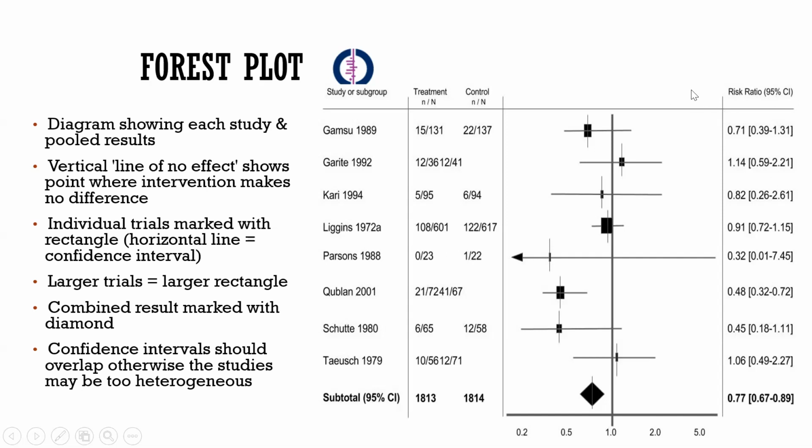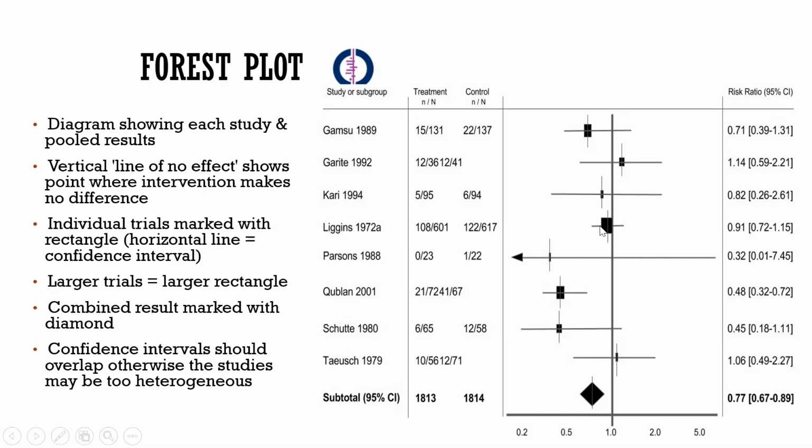I don't want to get into too much detail because you can have a full hour on how to read this, but usually you can visually look at it and see the bigger rectangles. The size of the rectangle is the size of the study in comparison to the others. So the bigger the rectangle, the bigger the study sample. That's one way to make it easier for you.